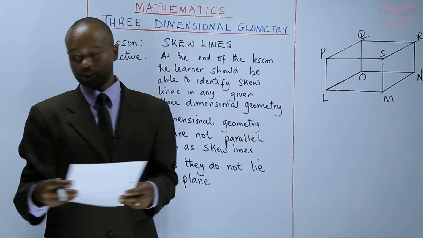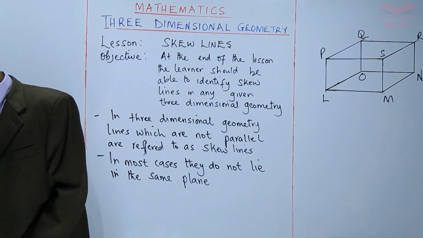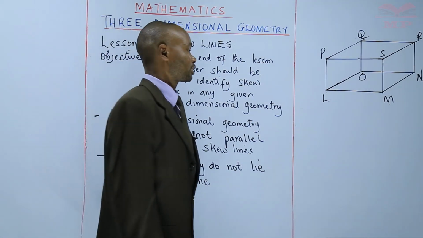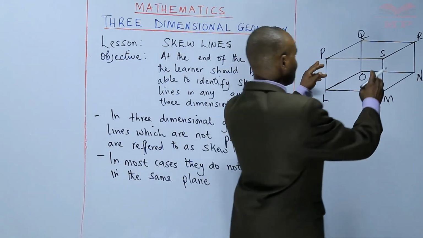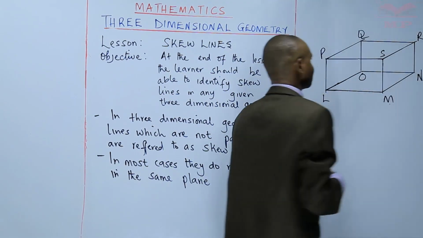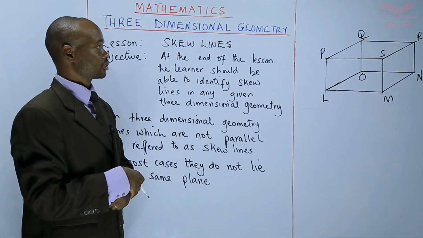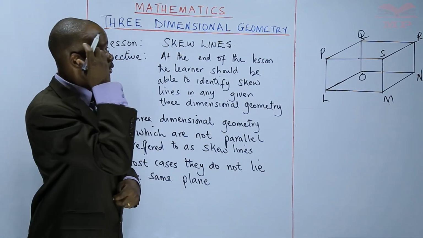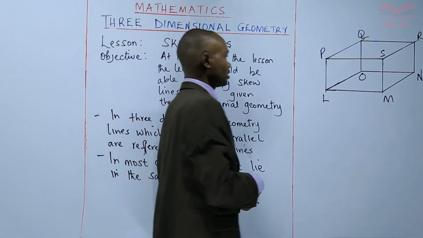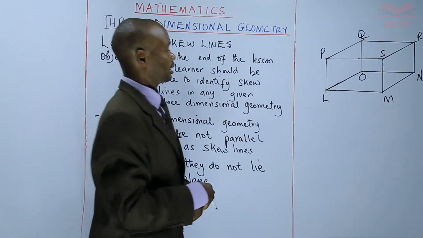Looking at that cuboid, you can take a line like PS and look for lines skew to PS. You'll find most of them will not be parallel to PS.